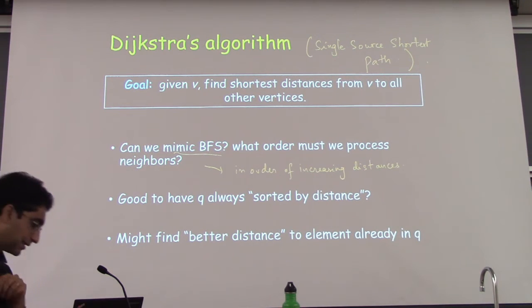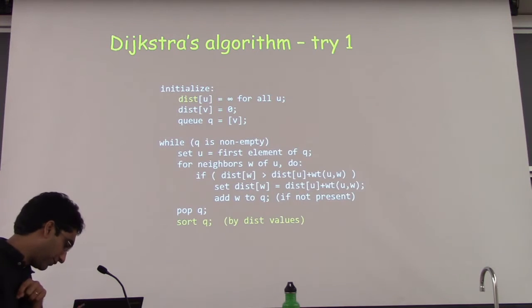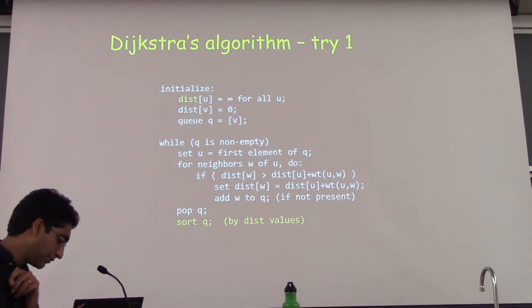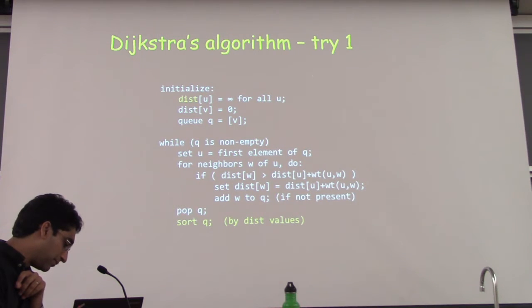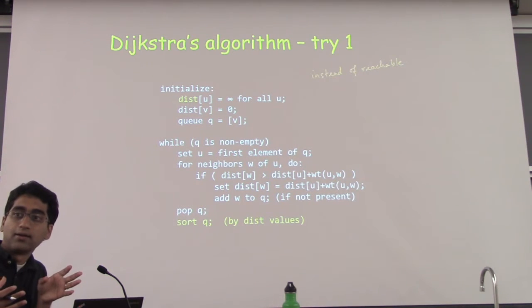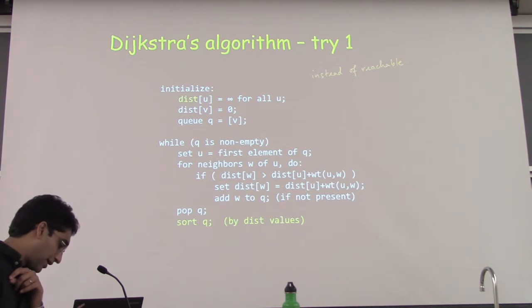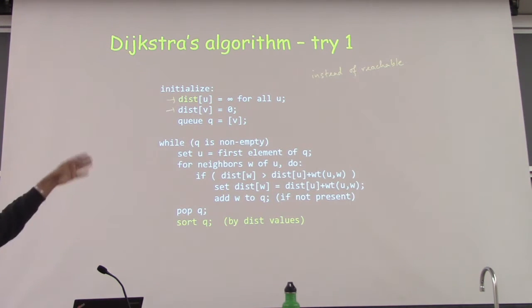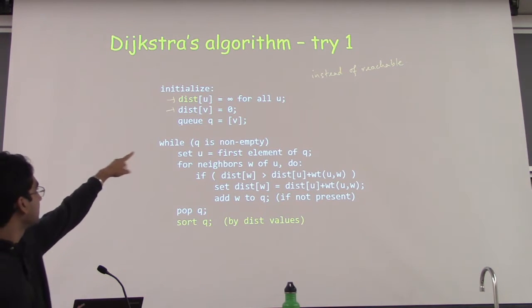So let's see a natural modification of breadth first search. Instead of reachable, remember reachable was a Boolean array, right? Instead of this, you now have a distance array, and you initialize it to infinity for all vertices except v.